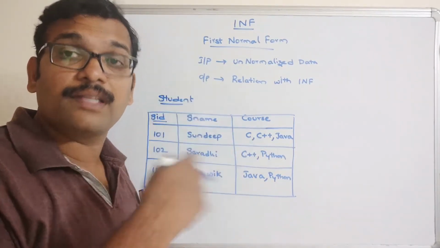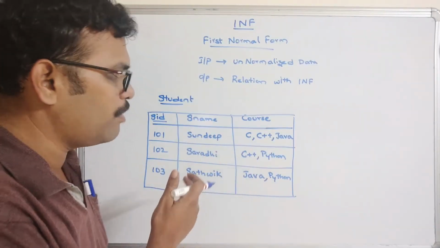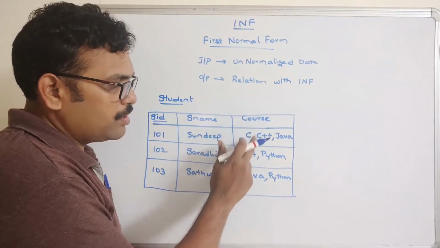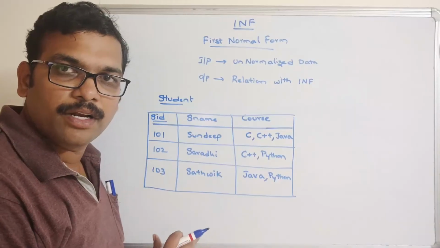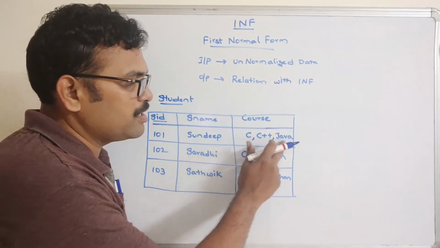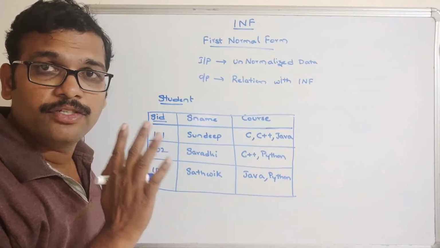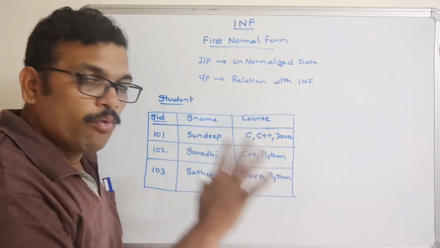Composite means further divided; if an attribute can be divided further, we say it is composite. But the course column has multiple values for a particular student, like C, C++ and Java, and it violates the second point. It should not contain multi-values, so we have to avoid this.